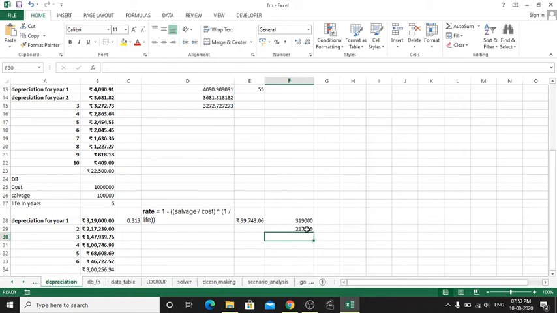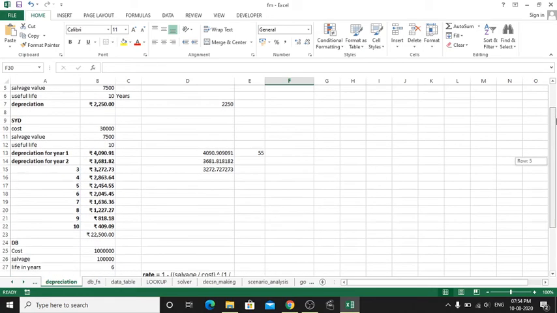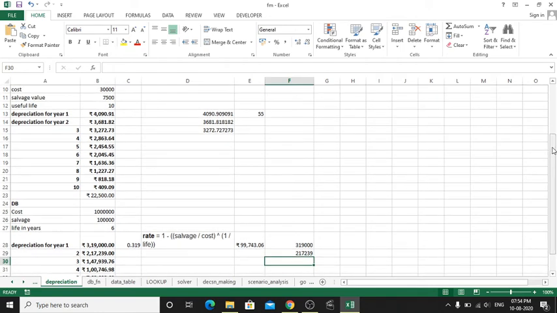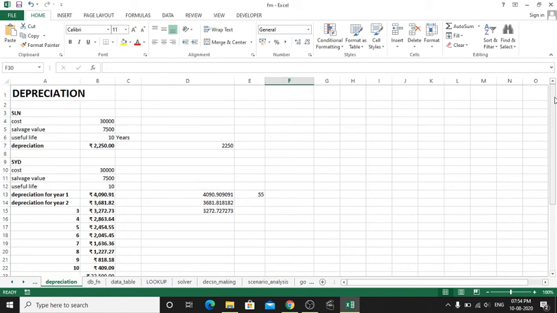Like this we have to find out the remaining depreciation values for period 3, period 4, period 5, period 6, etc. You just need to know what arguments we need for the SLN, SYD and DB, and what the actual formula is for finding this depreciation.